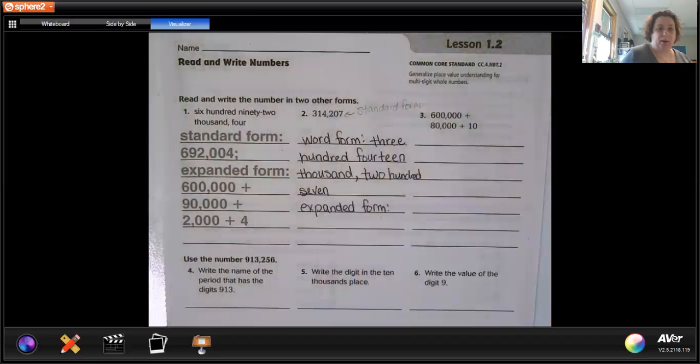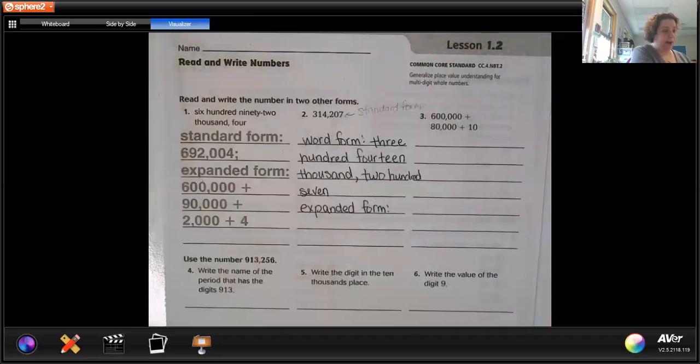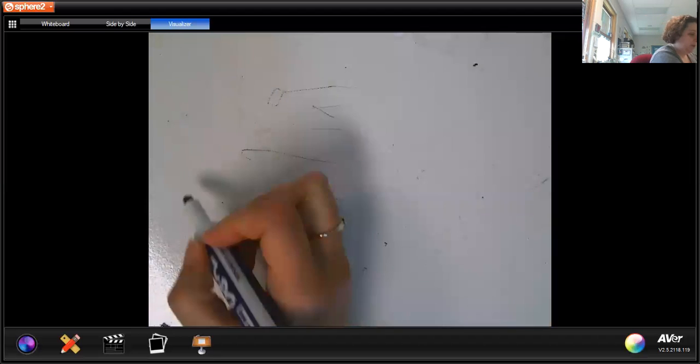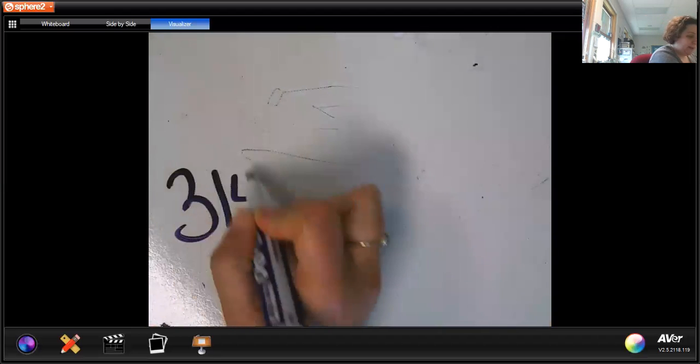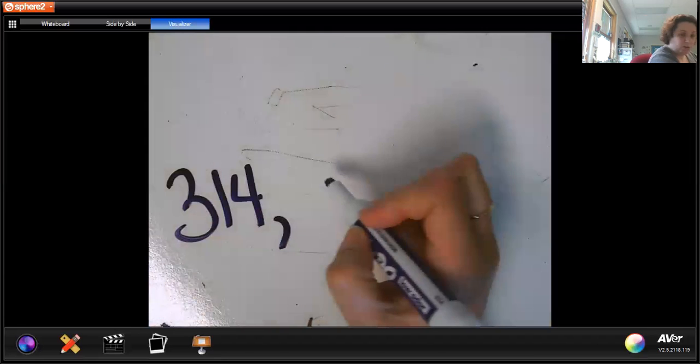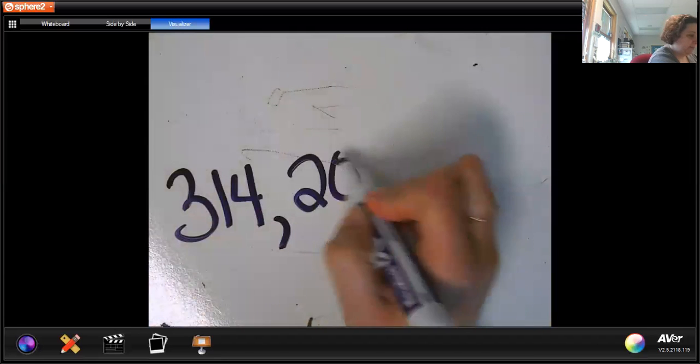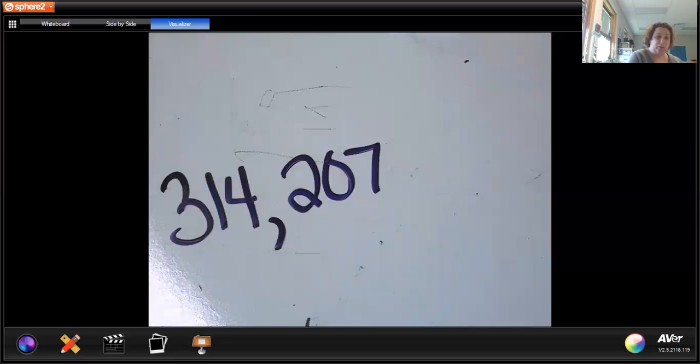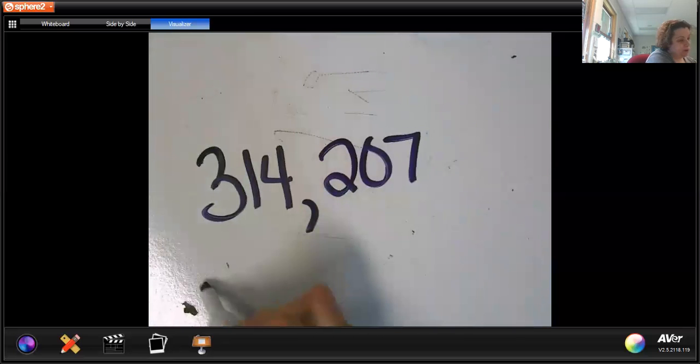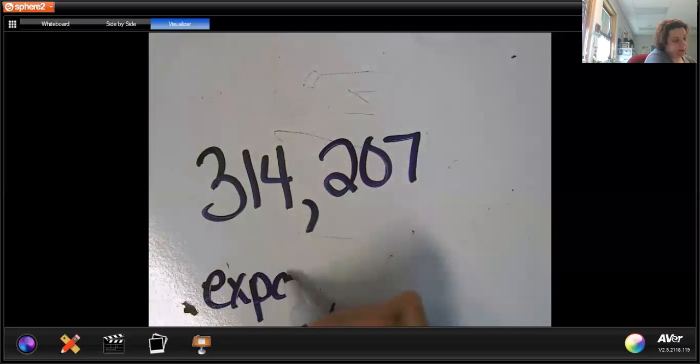Now I'm going to do it on my whiteboard, so I'm going to move the paper out of the way and put it here so that I have a little bit more room. But I'm going to use the same exact number, and this is exactly from your workbook page. The number was 314,207. So to do expanded form, I'm going to start with my biggest number.